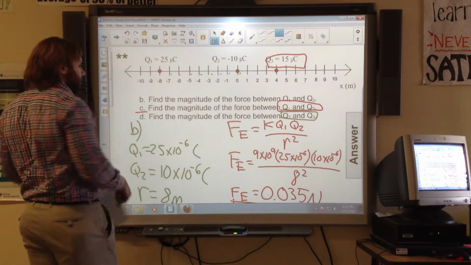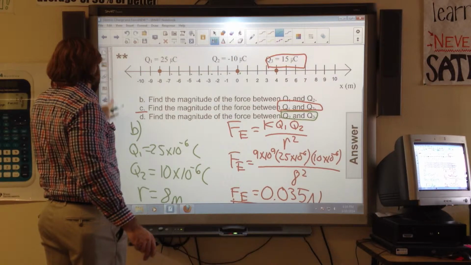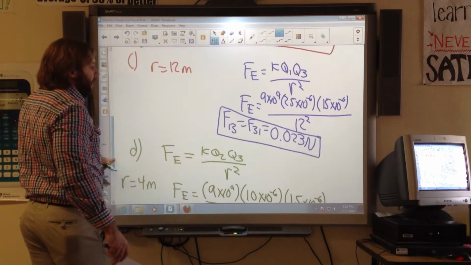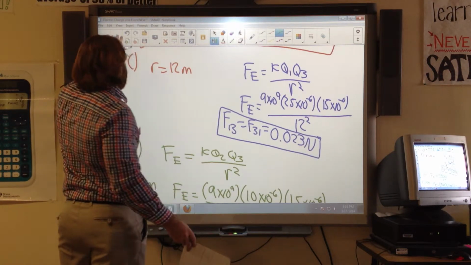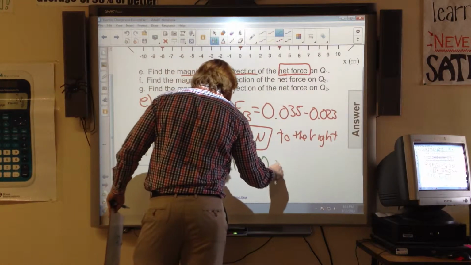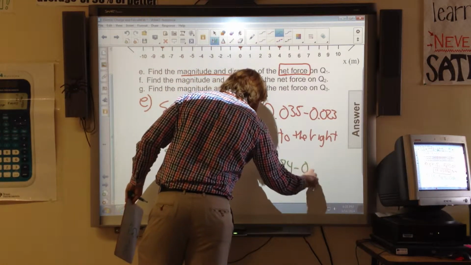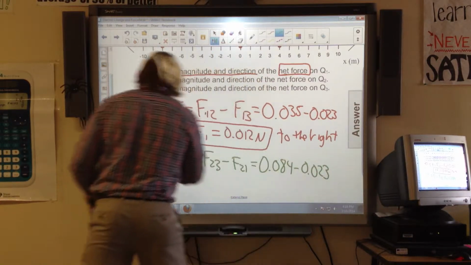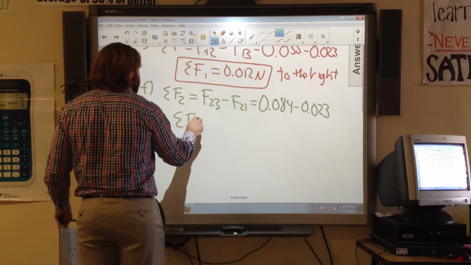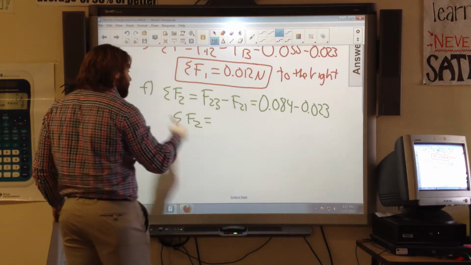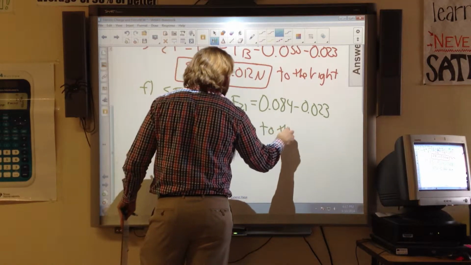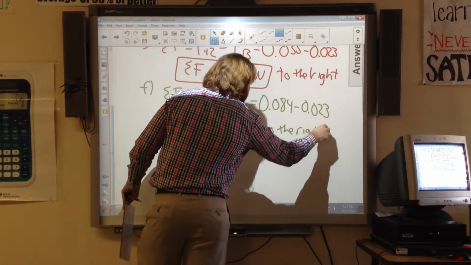When I put that back in, I look here, that will be 0.084 minus 0.023. That means our net force on object 2 is going to be 0.061 to the right, because it's positive.